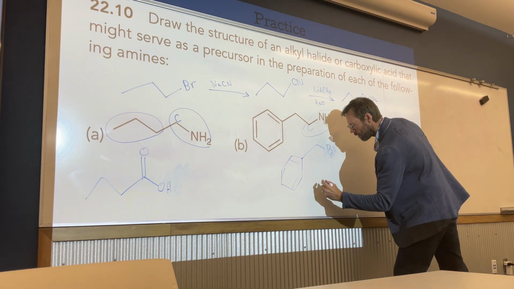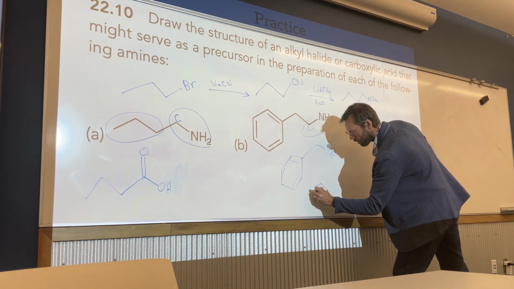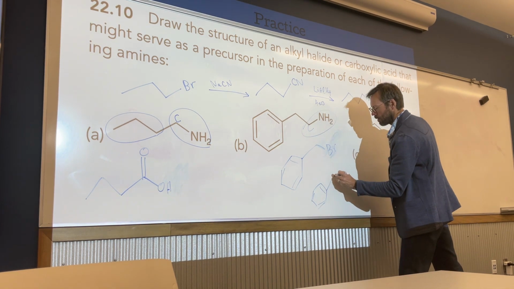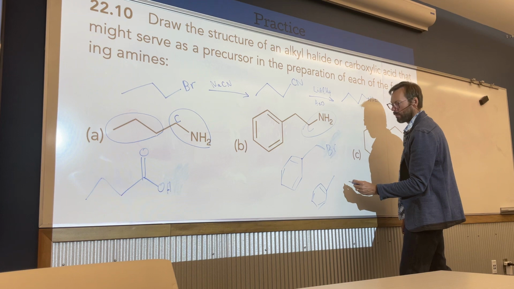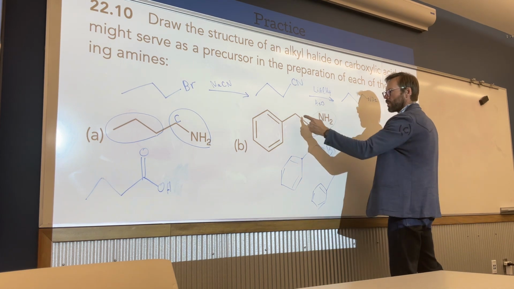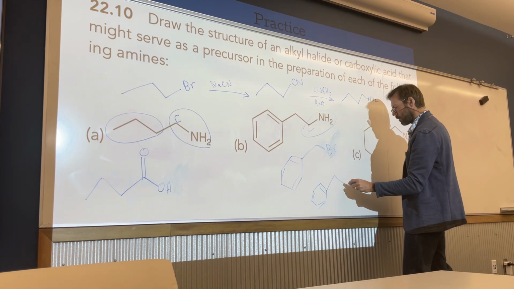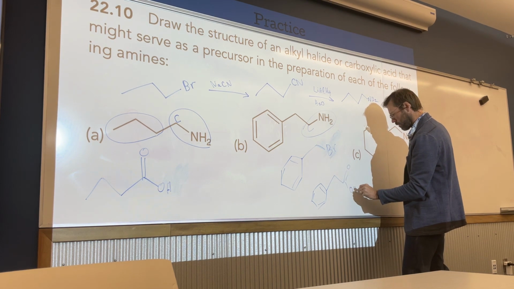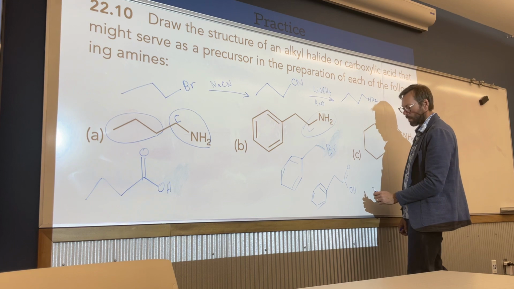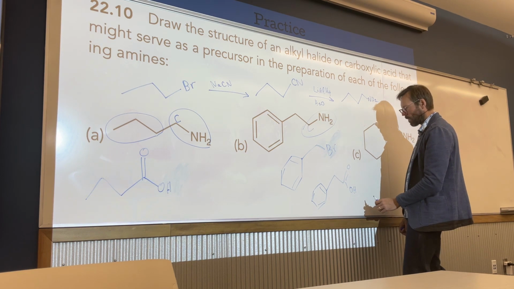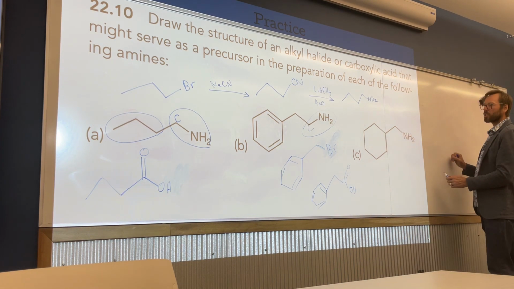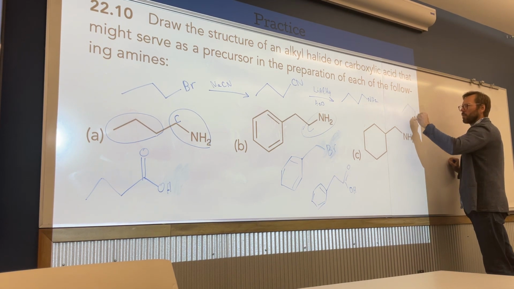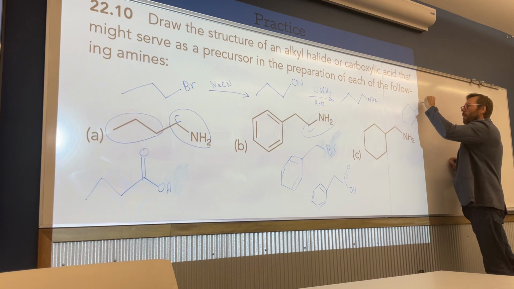And then for carboxylic acid, what do we do there? We go 1, 2, so 2. Yeah. And then this last one, bromocyclopentane, or hexane.